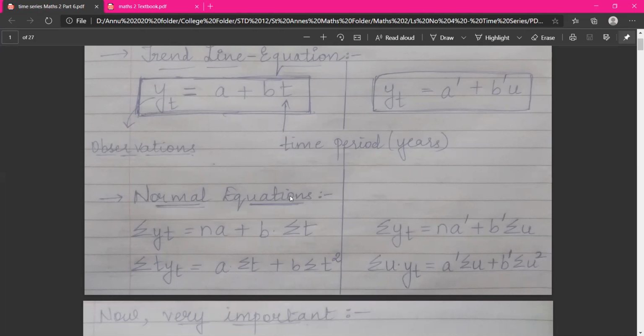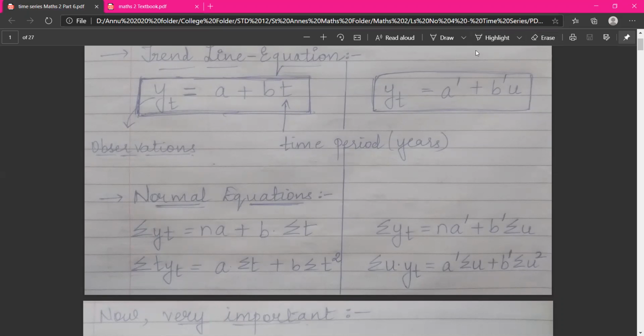The values are big. Now, why am I telling you this? Because when we use the normal equations, there are two normal equations in the least squares method. The two normal equations are: summation y of t is equal to n into a plus b into summation of t. Now, when I say summation of t, इसका मतलब summation of the time. That means आपको सारे years add up करने पड़ेंगे. So that will take a lot of time. ठीक है ना? If not, chalo, if you do the total as well, see the next equation class.